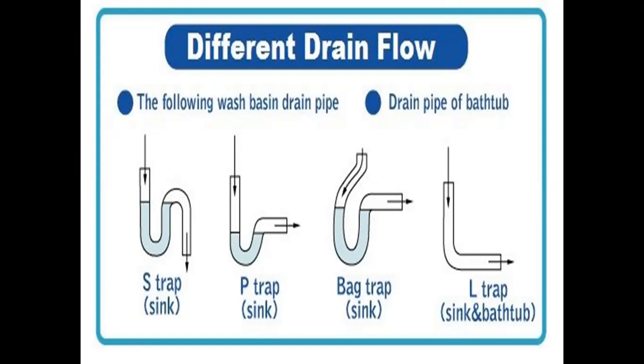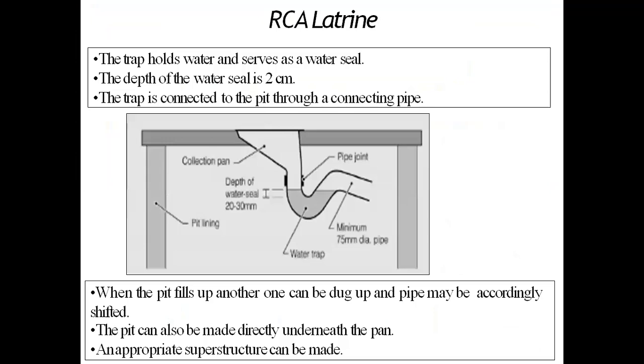Now, what is a bent pipe? A bent pipe is of 7.5 centimeter diameter, with the vertical portion connected to the lower part of the water closet, and the bent portion connected to the connecting pipe.